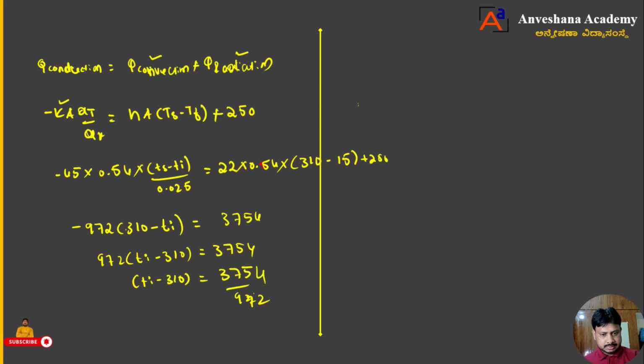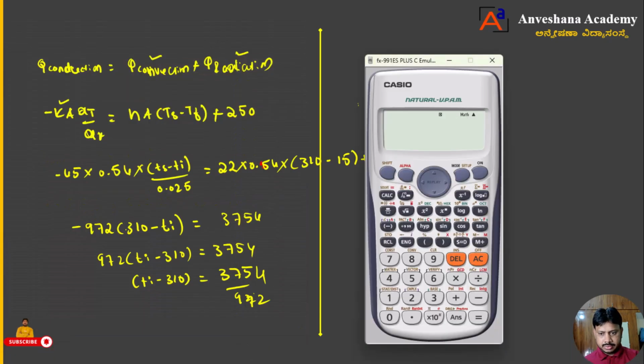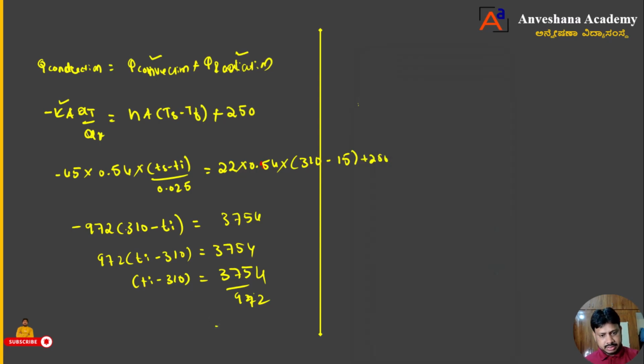3754 divided by 972. How much will it be? It will be 3.86. So I will write it here, dear students, 3.86. Then Ti minus 310 is equal to this much.